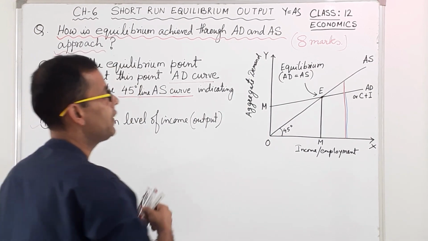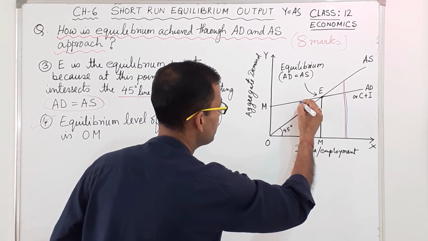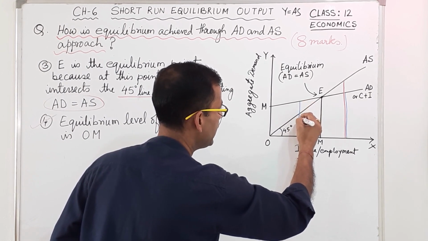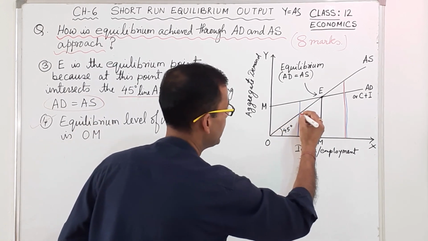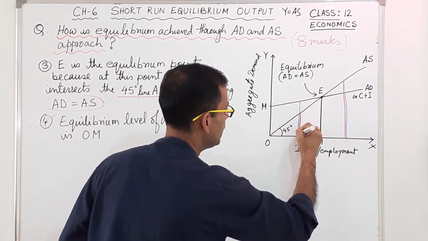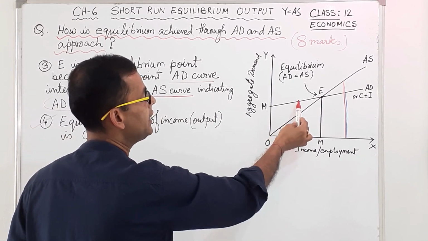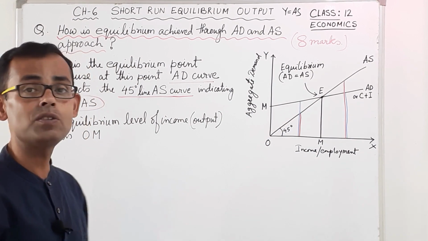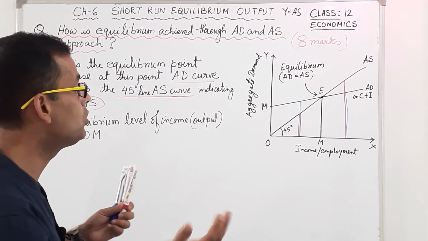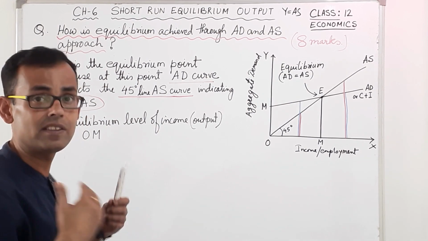Again, if you see this part, if I draw one line from aggregate demand and another line from aggregate supply, now you see the aggregate demand is more but supply is less. These two conditions I also have to write. Let us discuss that also.